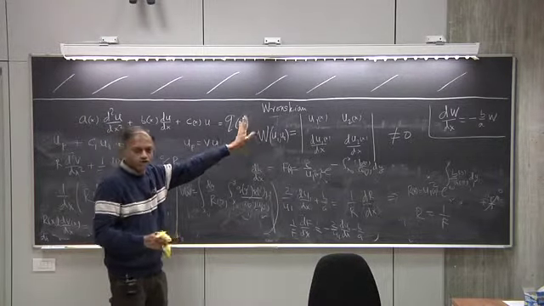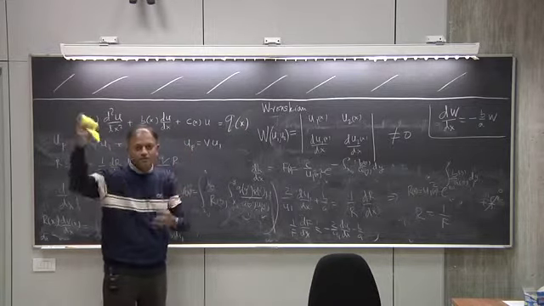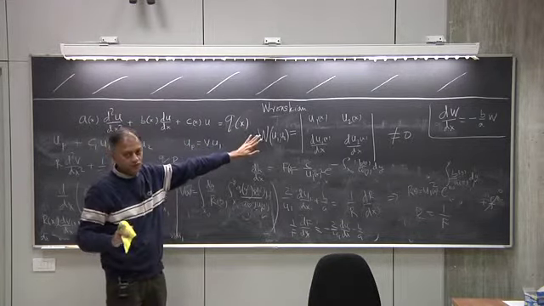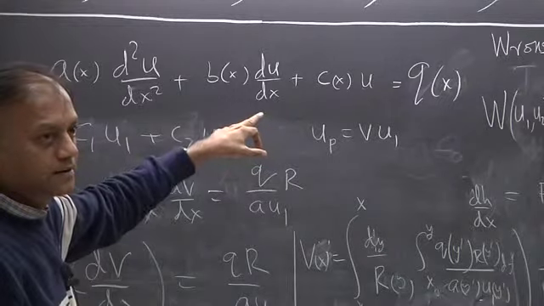Q is given, whatever it is, maybe x, maybe x squared, maybe e to the power of x. Whatever it is, it's given to you. The only unknown thing is u here.